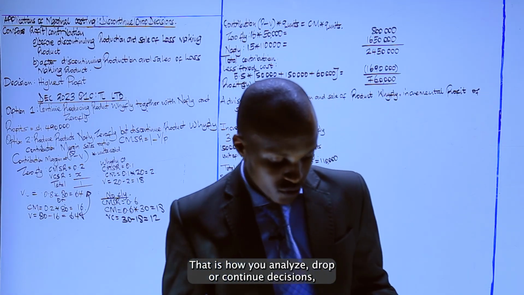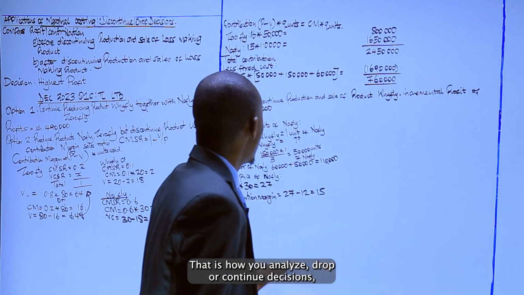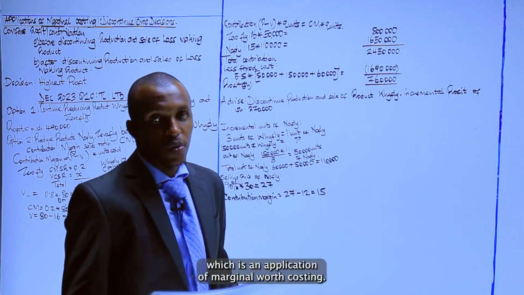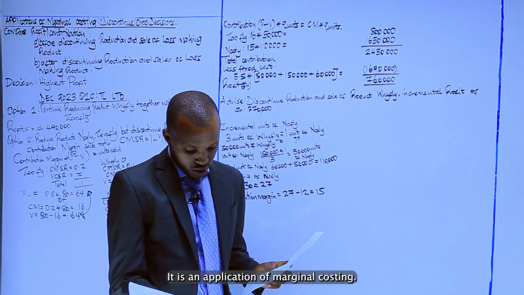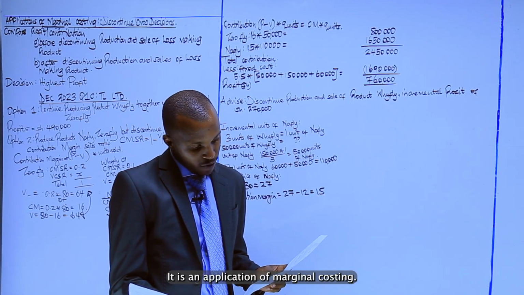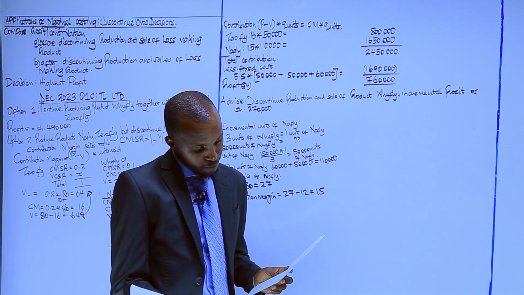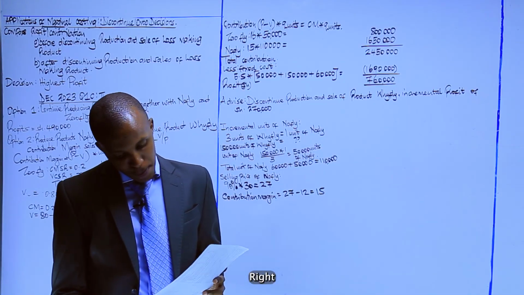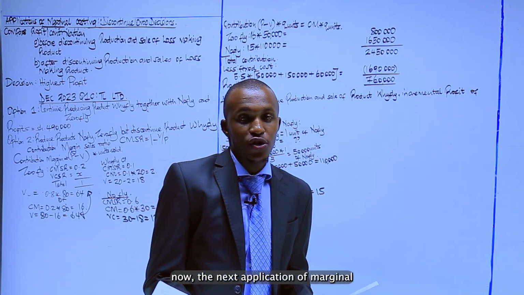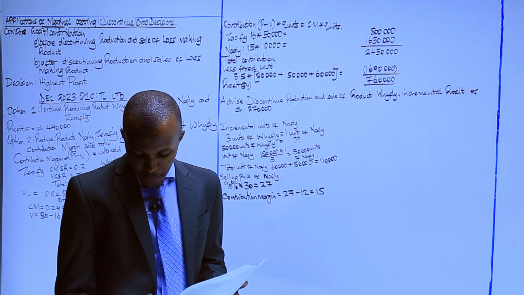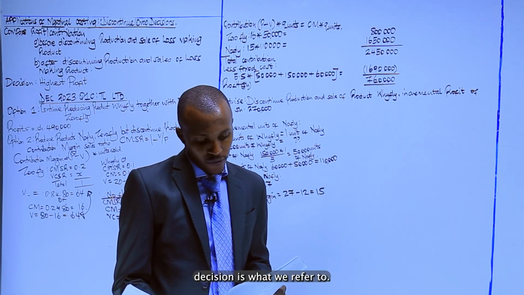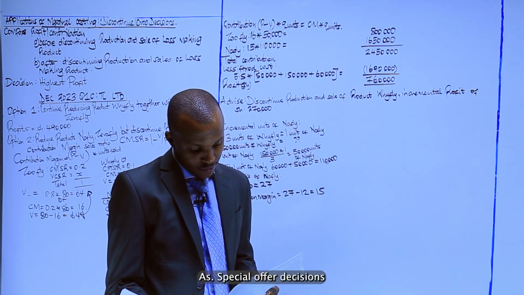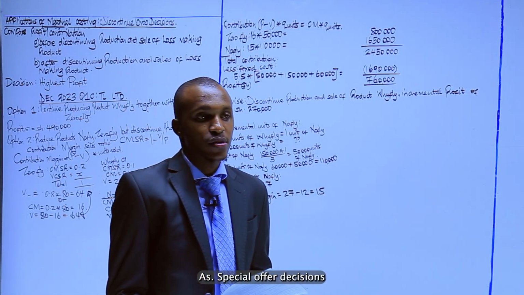That is how you analyze drop or continue decisions, which is an application of marginal costing. Now, the next application of marginal costing or non-routine decision is what we refer to as special offer decisions.